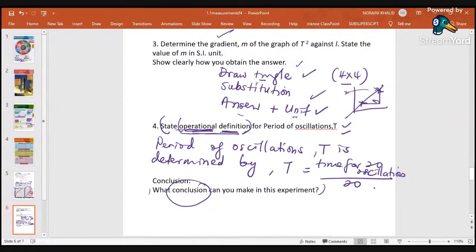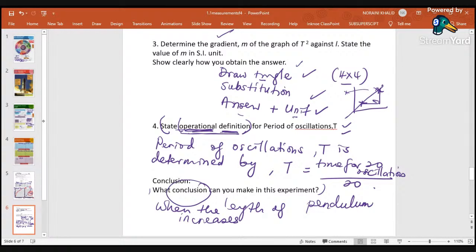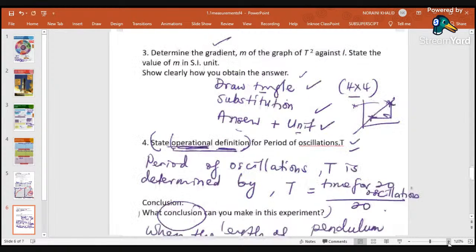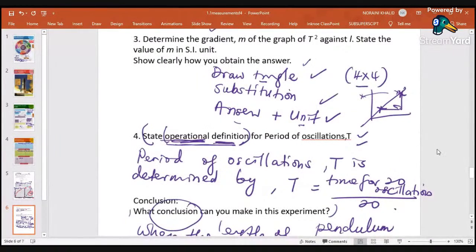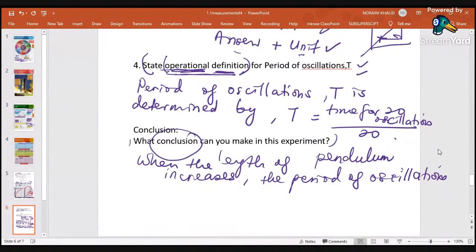So from this experiment, we find that when length of pendulum increases, the period of oscillation increases. Okay, hypothesis accepted.